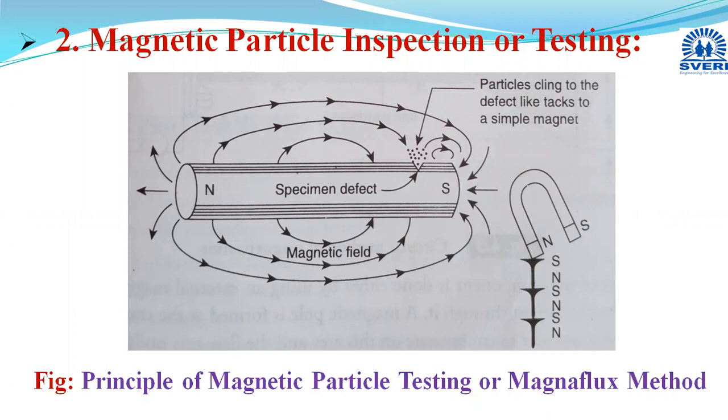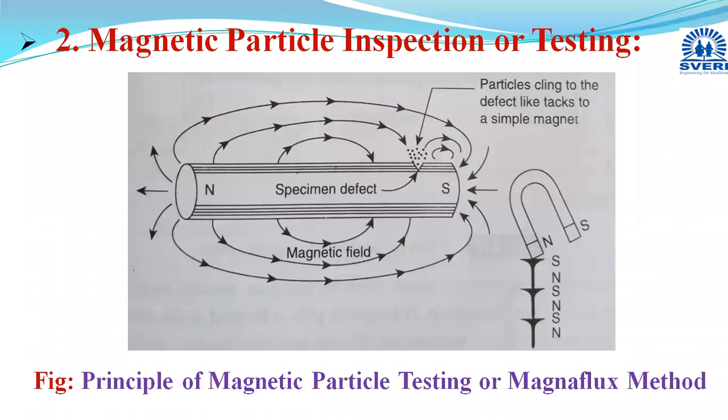Then it is termed the wet method. So, depending on the medium used for application of the inspection medium, these two types are there: dry magnetic particle testing and wet magnetic particle testing.